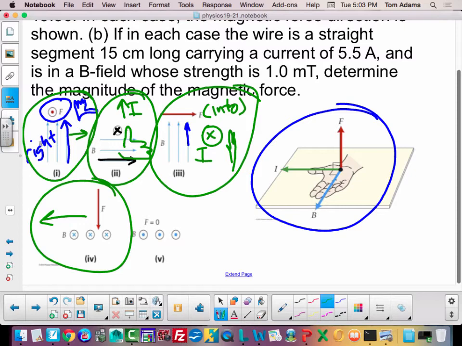Wait, let me think about that. My fingers are going away from the board, and there's no force. If force equals 0, I think this would be either into or out of the page.